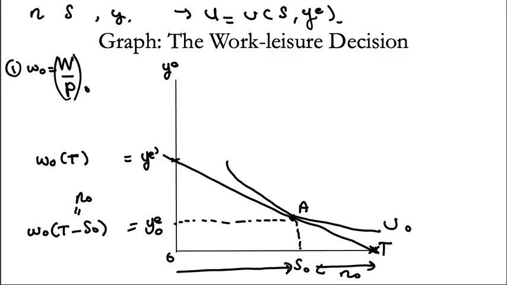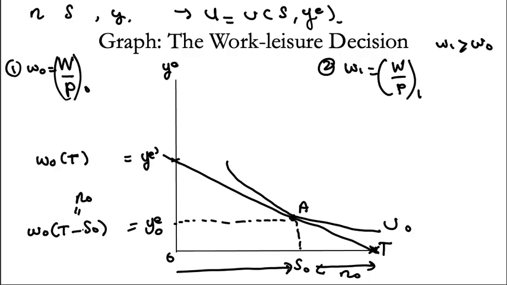Okay, now from here, let's say something new happens. Let's say the wage rate increases from W naught to W1, such that W1 is greater than W naught in real terms.